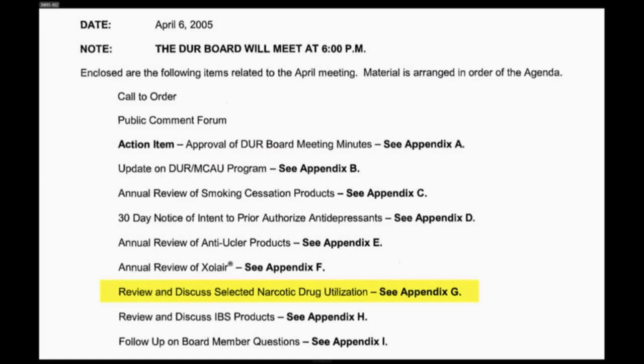And if you turn to page 35, that's where Appendix G begins. I'm sorry, what did you say? 35. 35, thank you. And the section on OxyContin begins on page 38.